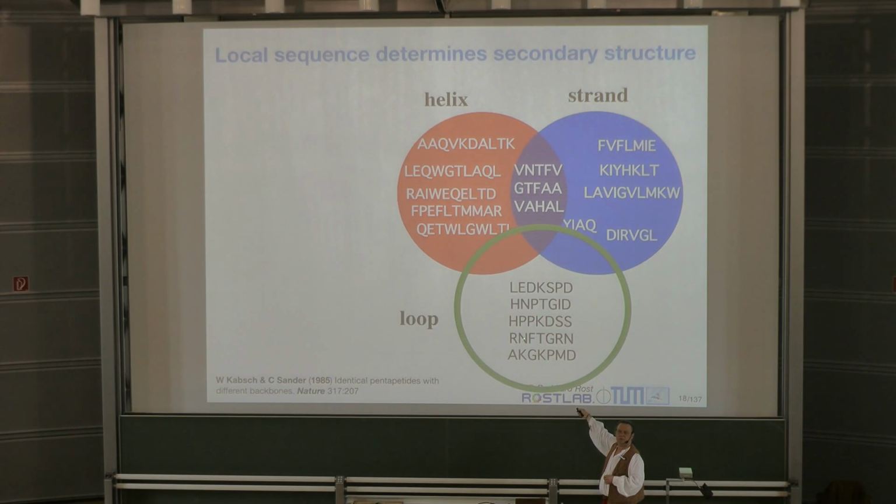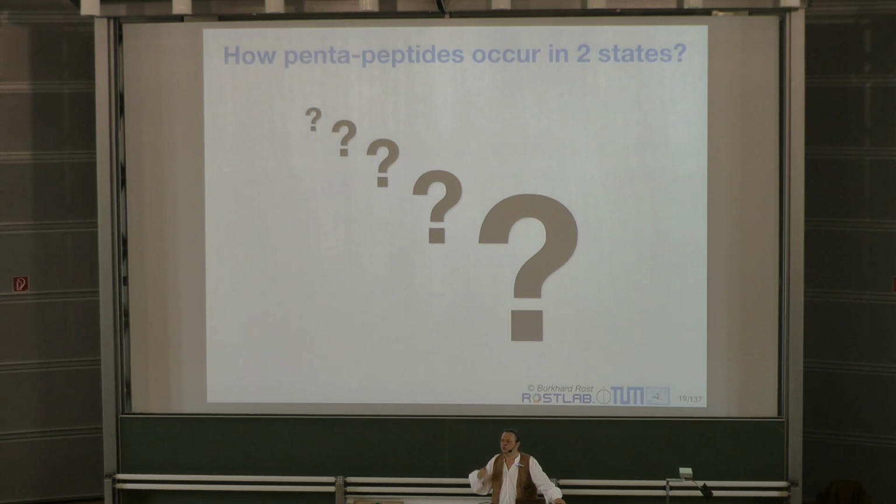This is other. And some pentapeptides, 5 mers here, are observed in both helix and strand. Okay? Our question to you, how could that be? How could 5 mers be observed in strands and helices? So pentapeptides, again, is 5 residues. Penta is 5.